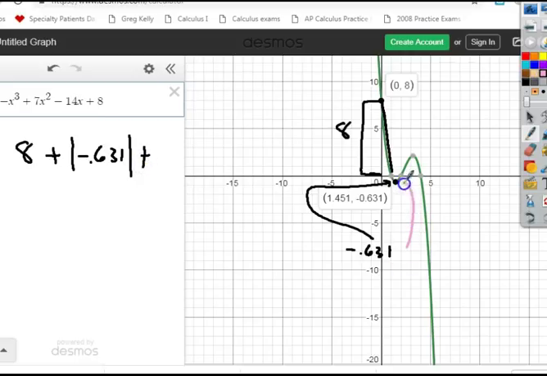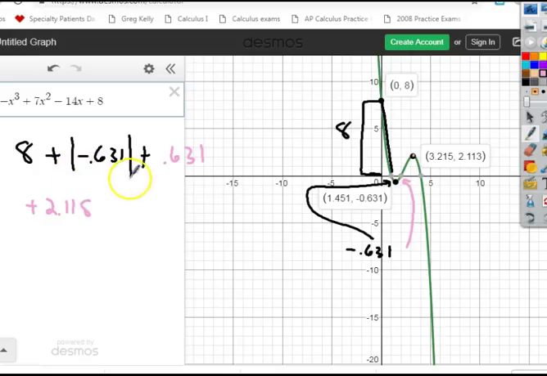So here, it goes back up in the positive direction, that same distance in y. So plus another 0.631, and then it goes up a while. It goes up to here. Considering I can find that max pretty easily here, I know that the displacement from here upwards is about 2.118. So I can add another 2.118.